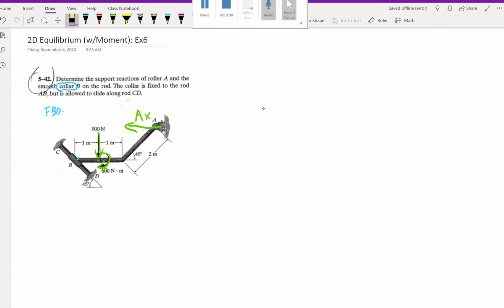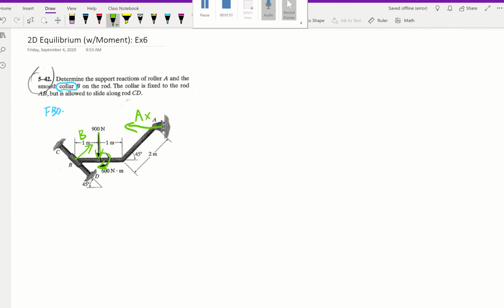However, it cannot move freely perpendicular, so we're going to have a force there. That's how we draw this reaction at the collar B. I'm just going to call it B. I'm not going to call it Bx, By because it's slanted.